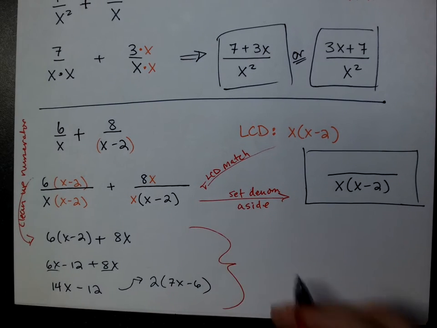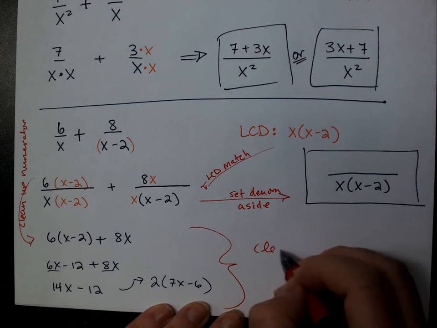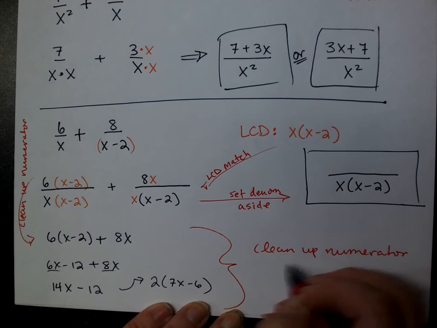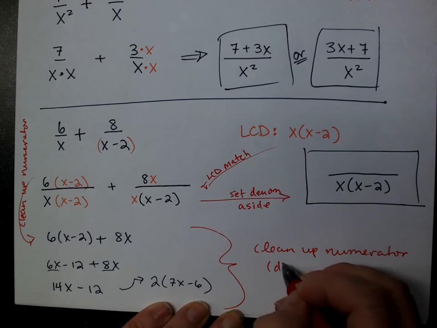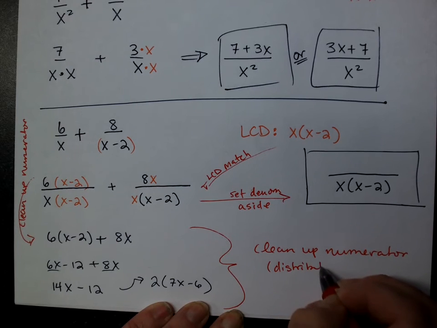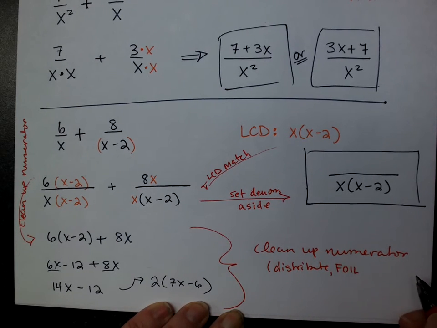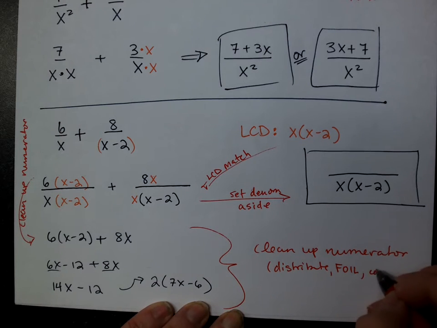So your job here is to clean up the numerator, which means any distribution, distribute. If there's any binomial times a binomial, then FOIL. Basically, you're killing parentheses. And combine like terms.